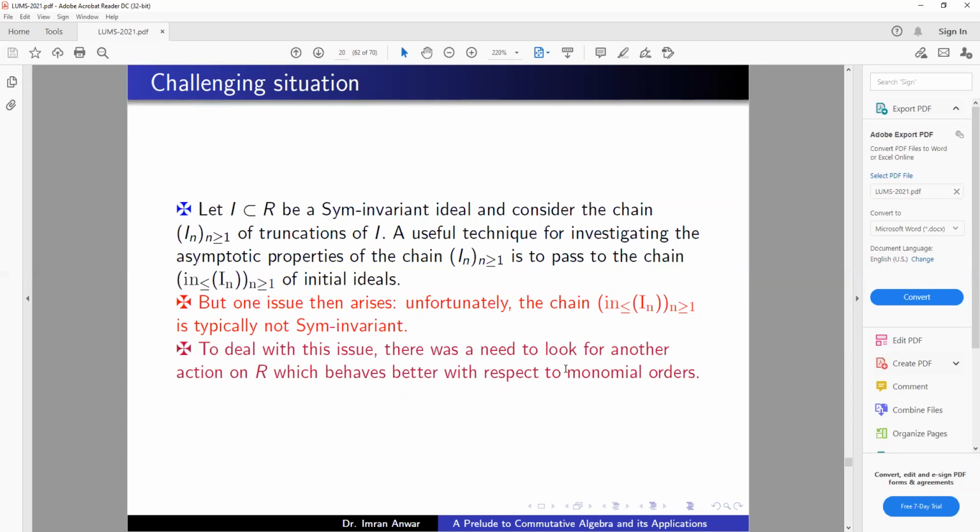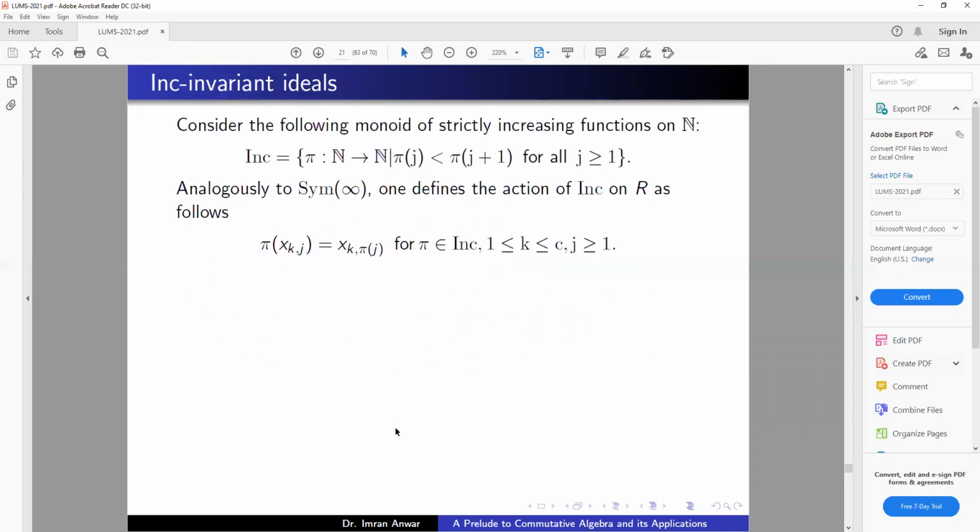I didn't include the monomial ordering fact, but those familiar with commutative algebra know that computing the initial ideal is based on the monomial order, and one has to switch the variables in order to take care of this monomial order. To handle this, Tim Römer and Uwe Nagel came up with this, and even before them an order was introduced.